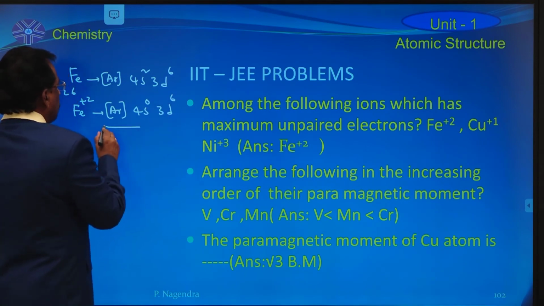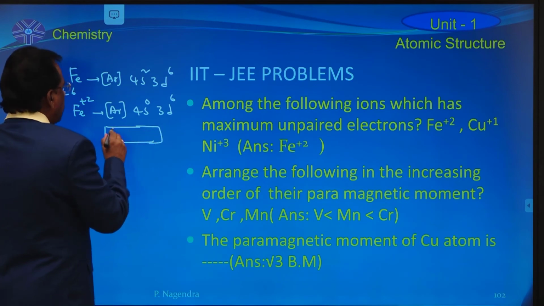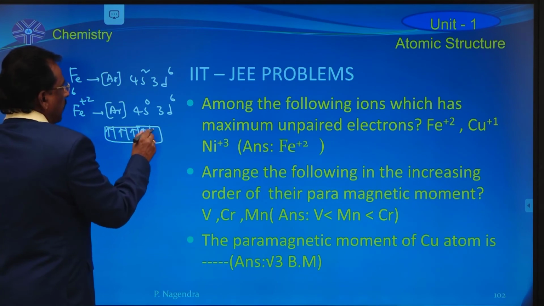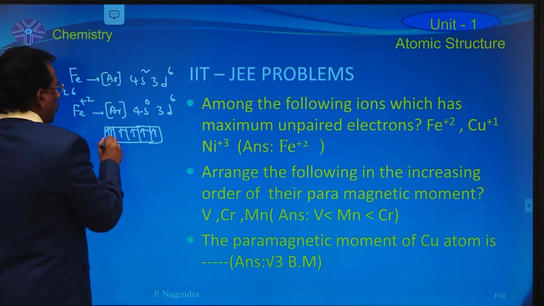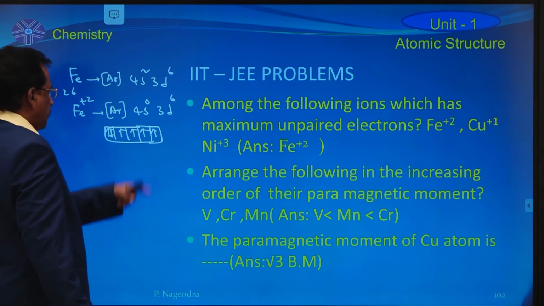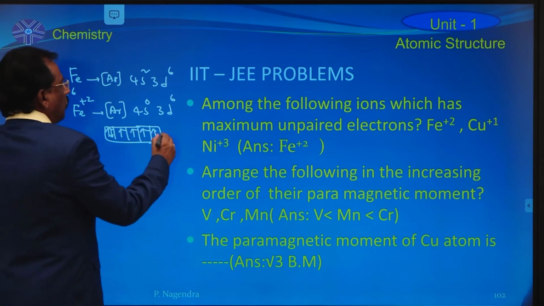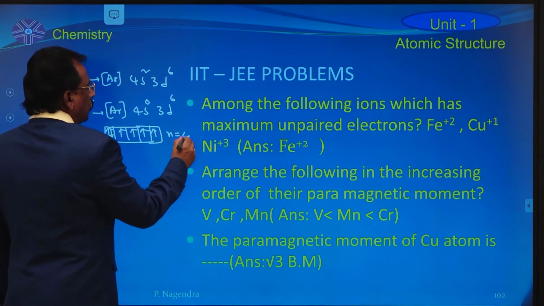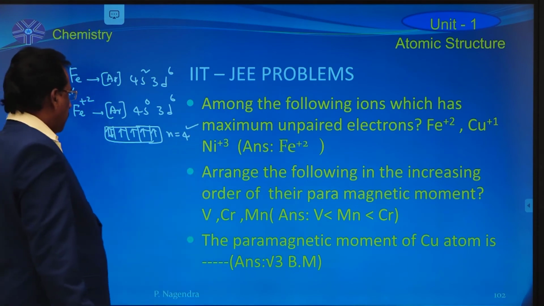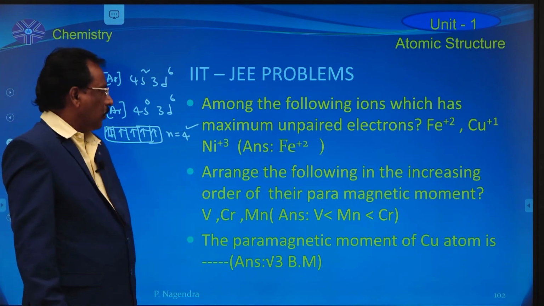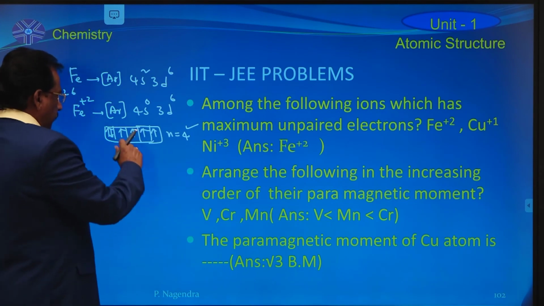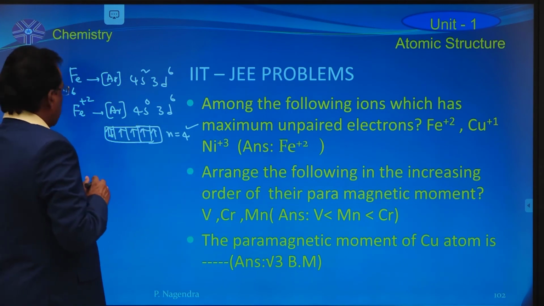So the 3d subshell contains 6 electrons. 4 unpaired electrons are present in the ferrous ion.